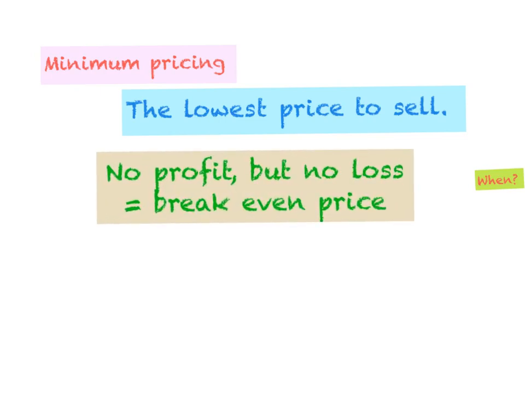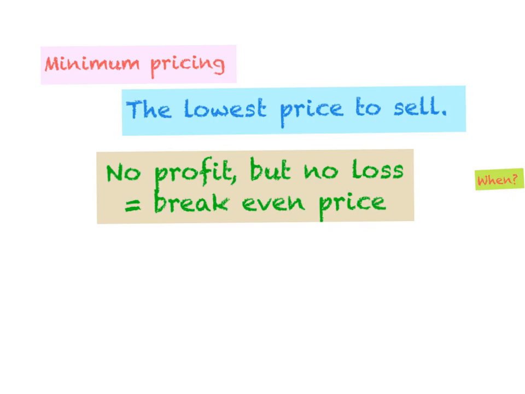Because this is the lowest price that you can go, at minimum price you will gain no profit, but you will not incur any loss. So in other words, minimum price is actually the break-even price. If you sell at this price, you will not gain any profit, but you will not incur any losses.